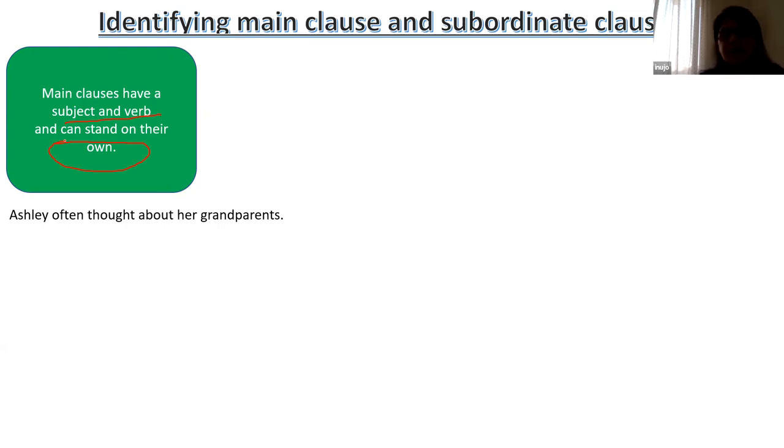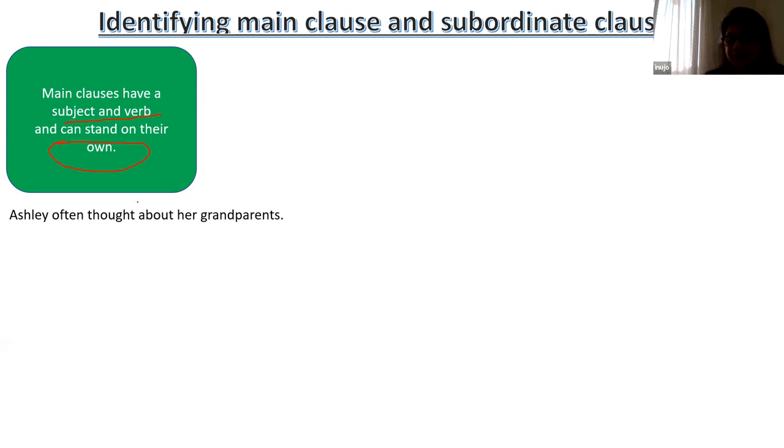For example, Ashley often thought about her grandparents, or the sun rises in the east. So, words that give an independent meaning like a sentence can be called a main or an independent clause. It is very similar to a simple sentence.